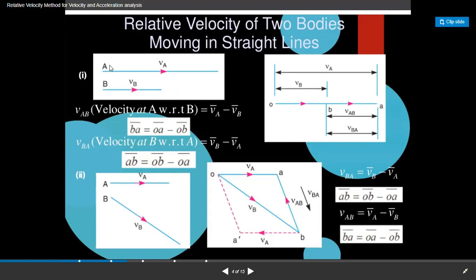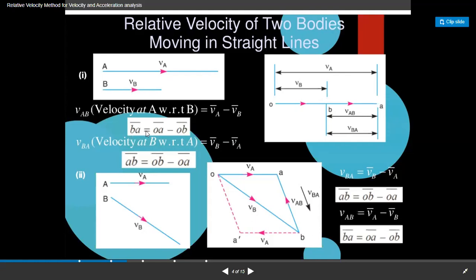Suppose object A is moving in the direction of west with velocity VA, and object B is also moving in the same direction at velocity VB. If both objects are moving in the same direction at different velocities, then the relative velocity is the difference of velocity of A and velocity of B, means VA minus VB.